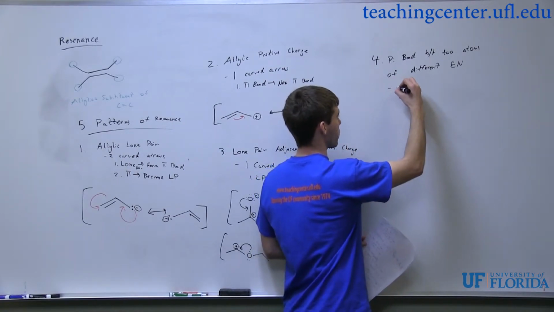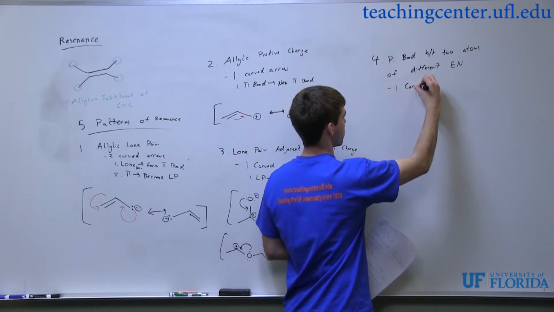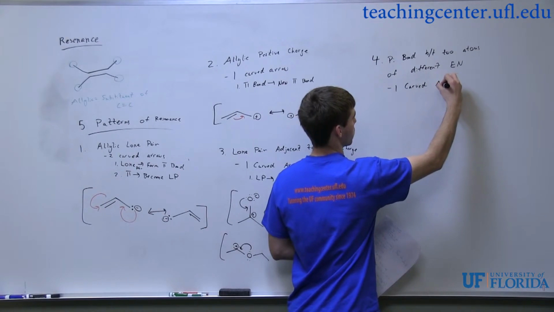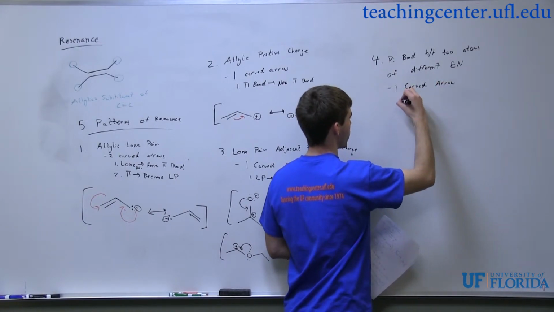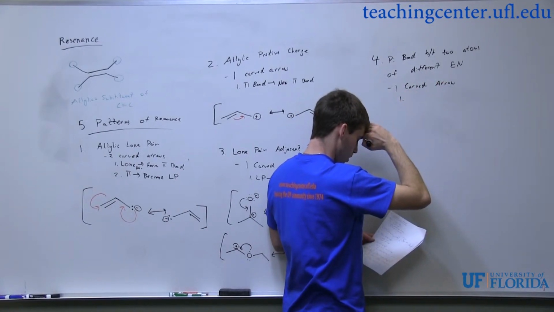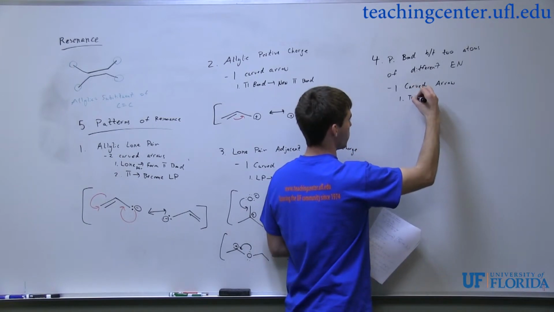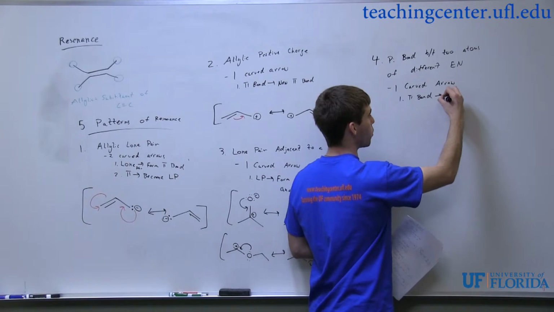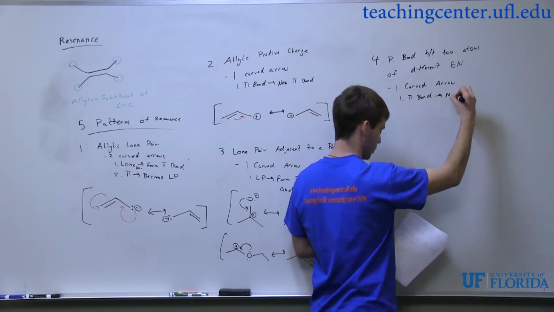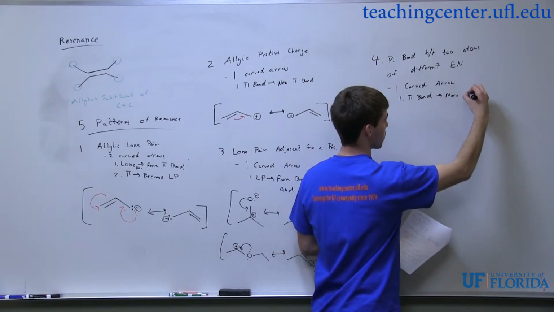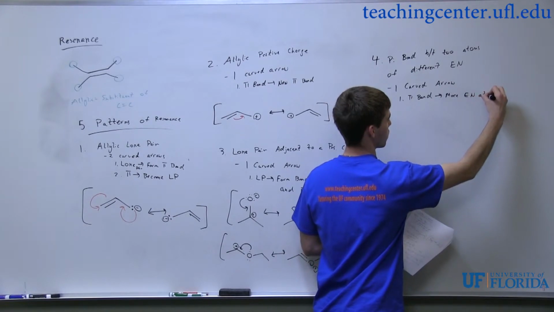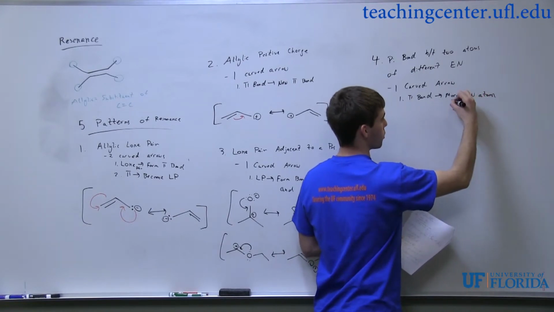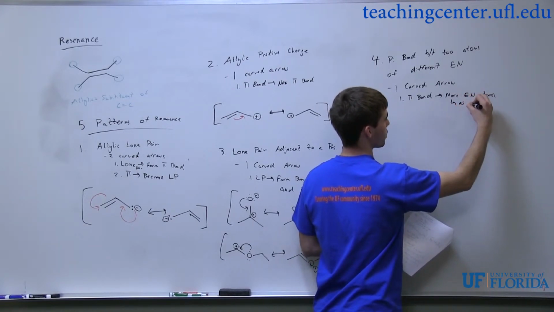So here we just have one curved arrow, and that is going to be from the pi bond to the more electronegative atom. And that's going to become a lone pair. So it moves as a lone pair.